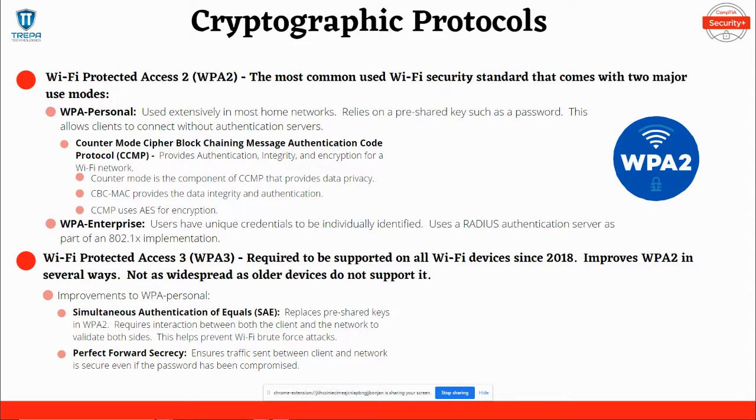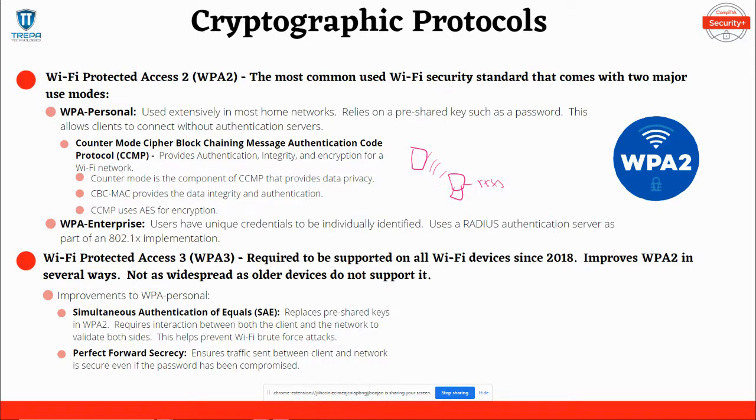So this is typically what you're going to see in your home environments, maybe for a guest network in your enterprise. You're just going to have a wireless access point, and you're just going to need a simple passphrase to be able to connect to that WAP, or wireless access point.